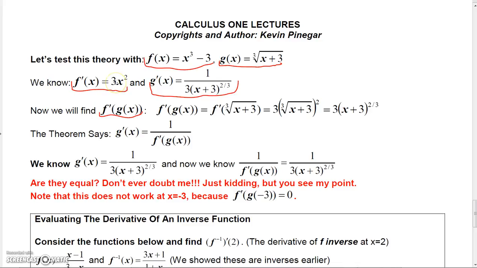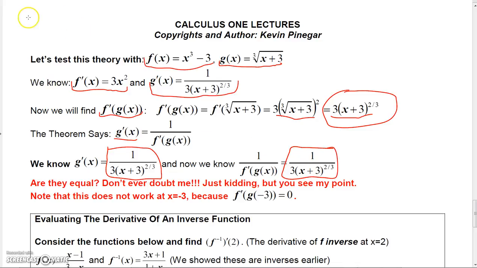Here's f prime, and if you plug g of x in there, you're basically going to get 3 times this function squared. So you get 3 times x plus 3 to the 2/3. The theorem says that the derivative of g is 1 over this value here. Well, we already know the derivative of g is this, which is actually 1 over this value here. So it actually does prove the point of the theorem.